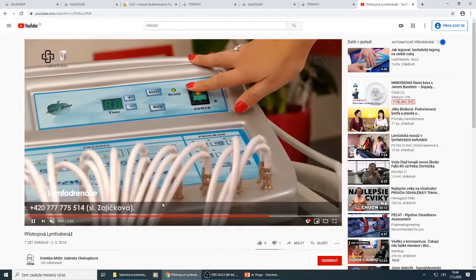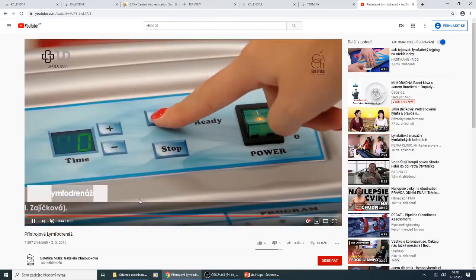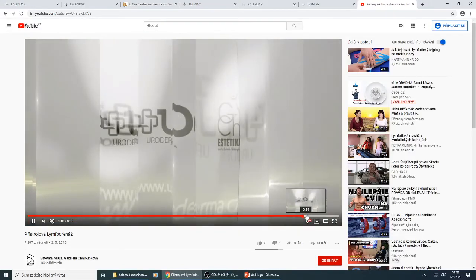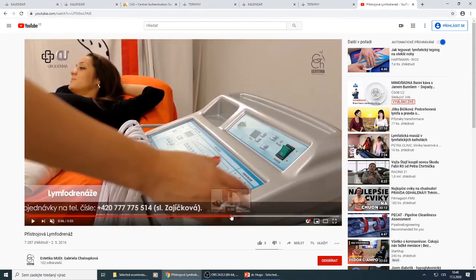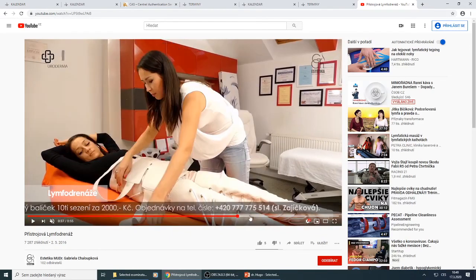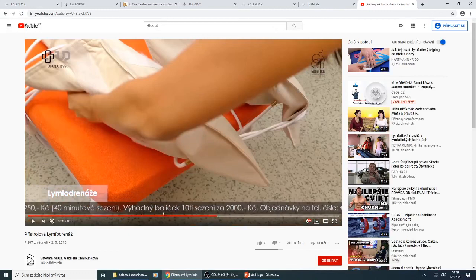So you put, this is the example, you put some sleeves of the device on the feet, and then, I hope that you see my mouse, the machine starts to apply the pressure from here and up and up and up to higher etages.